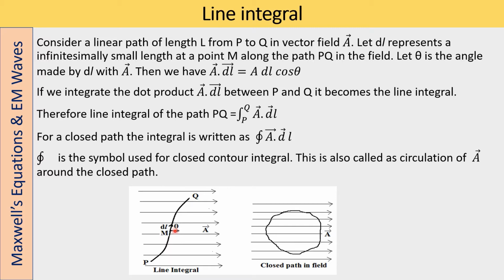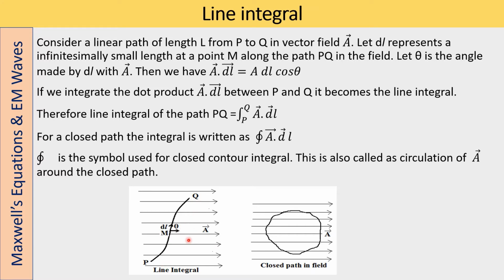Theta is the angle made by dl with A. Then the dot product of vector A and elemental length dl is A dl cos theta. If you integrate the dot product A dot dl between P and Q, it becomes the line integral. Therefore, the line integral along the path PQ is the integral from P to Q of A dot dl.